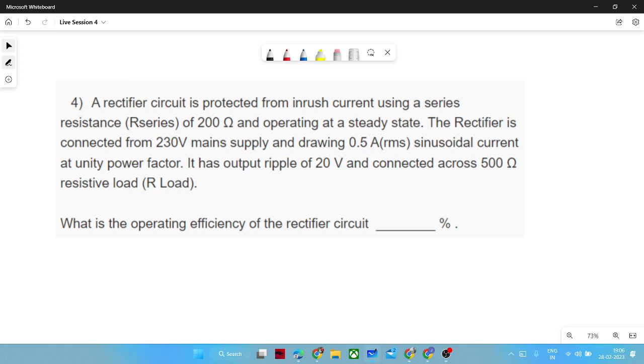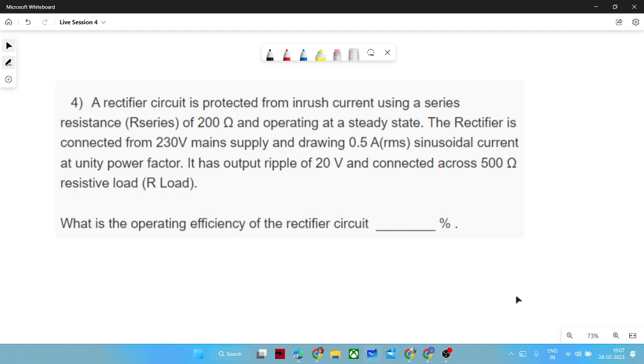So I should have changes in the V naught output voltage by taking the series resistance drop. Definitely you will have that change of drop across that resistance, right? And that drop you subtract from your supply voltage, and then you have to consider the ripple.